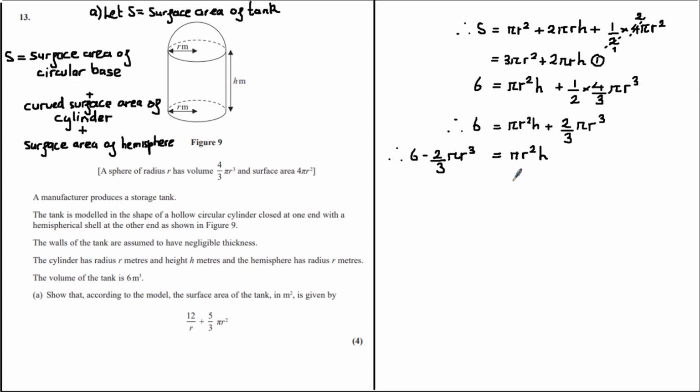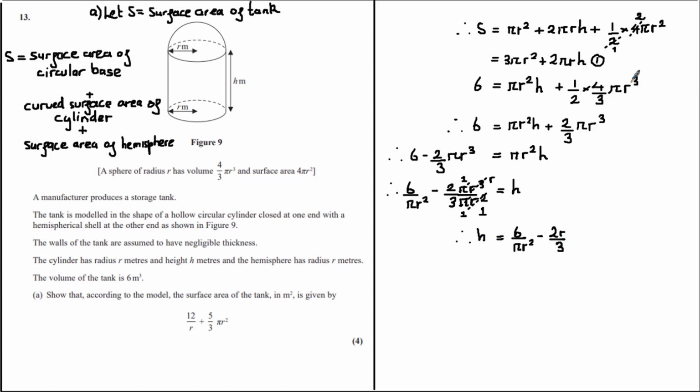Now if we divide both sides by pi r squared, we get that 6 minus 2 pi r cubed over 3 pi r squared is equal to h. Here the pi's cancel, and r cubed over r squared is equal to r in the numerator. And therefore h is equal to 6 over pi r squared minus 2r over 3. So we now have an expression for h in terms of r.